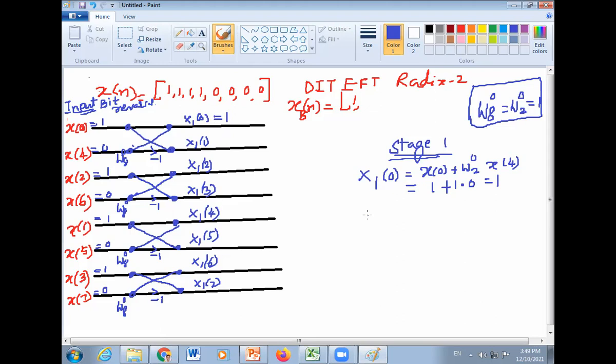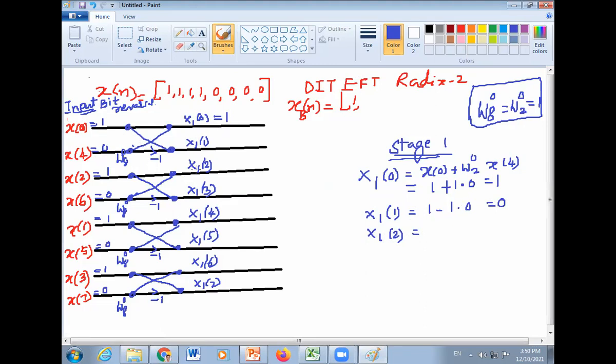Likewise, you calculate the value of x1 of 1. x1 of 1 is equal to, or else you can directly write down the values. This is 1 minus, as the minus sign is there, and W8 to the power 0 value is again 1 into 0. So what will the answer be? 0. Then x1 of 2 is equal to, can anyone tell me the answer here?